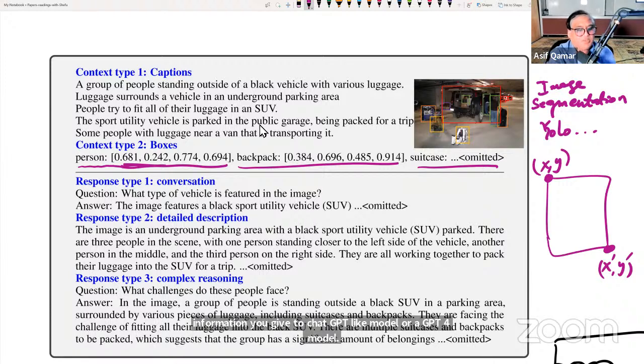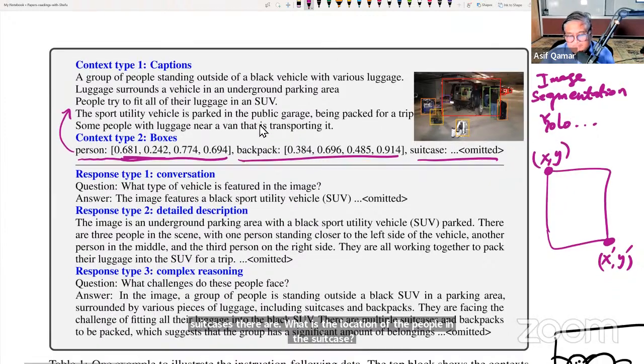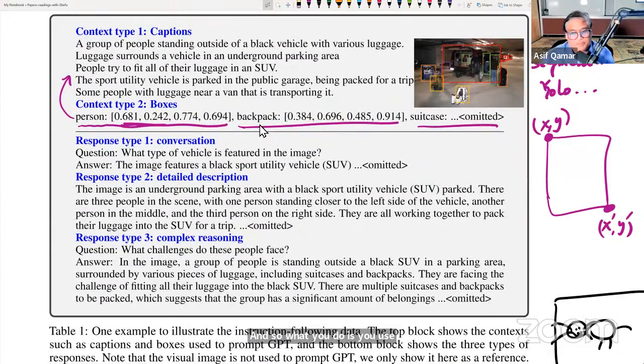It will begin to correlate, or contextualize, the caption written here in view of these objects that have been detected, isn't it? So it will be much better informed. It will know exactly how many people there are, how many suitcases there are, what is the location of the people and the suitcases.